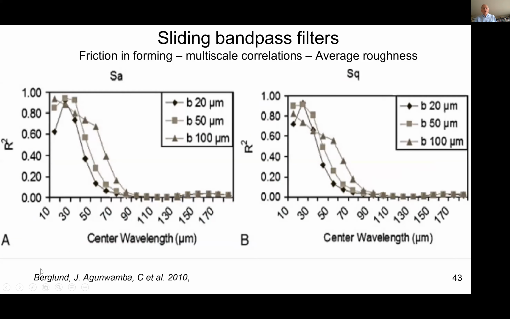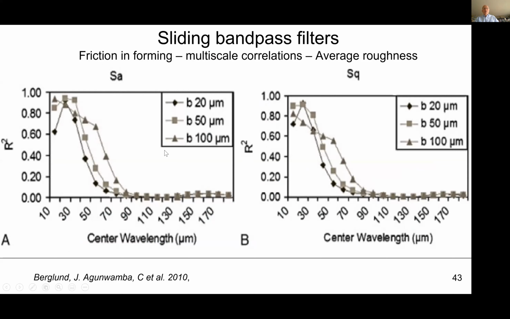So almost over here, bear with me. So here we're using a sliding bandpass filter. Now, one of the interesting things is the parameter that I've been so critical of, average roughness, and here's root mean square, turn out to be rather good at correlating friction and forming tools, friction of sheet metal and forming tools, if I restrict the scale of analysis.